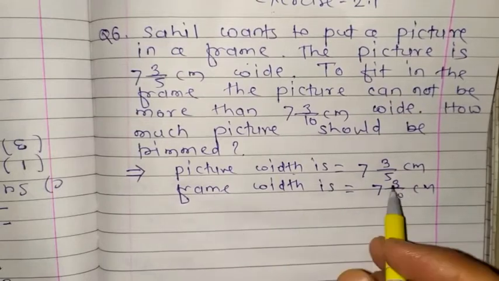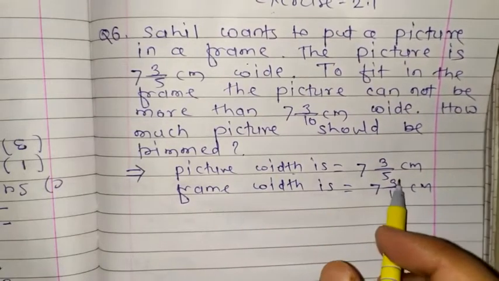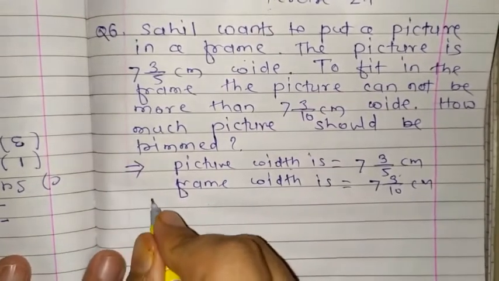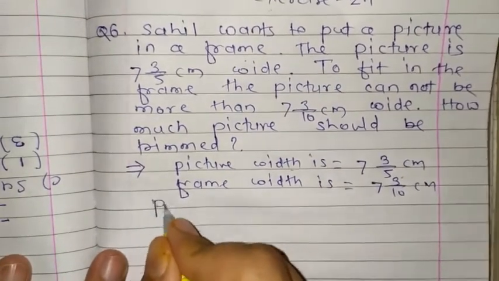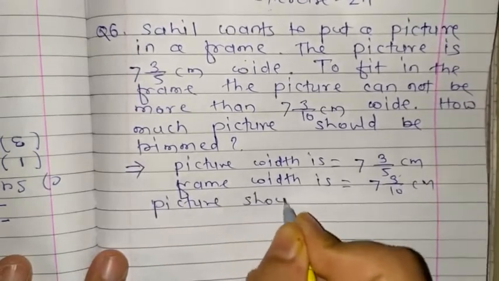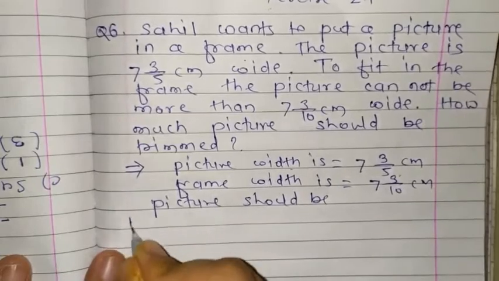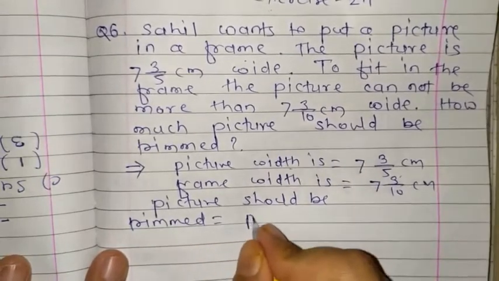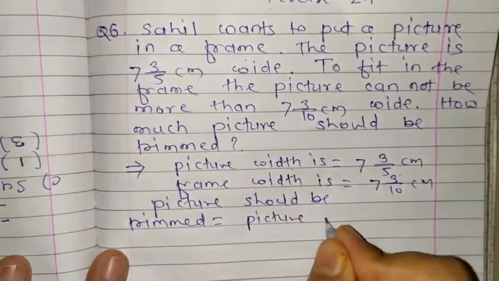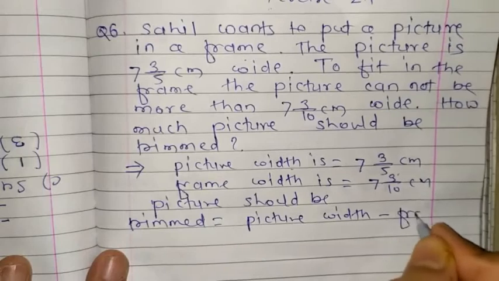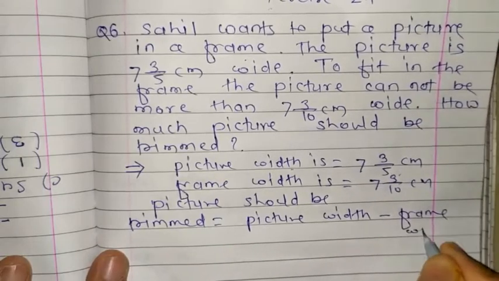So the picture size is more than the frame. Our formula will become: picture trimmed equals picture width minus frame width.